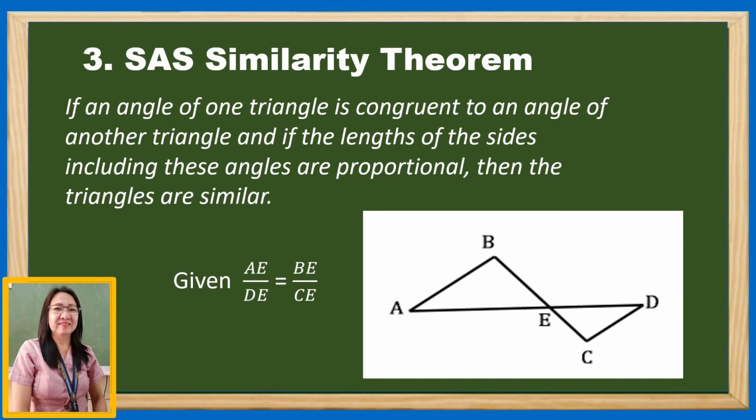So in the figure, we observe that angle AEB and angle CED are vertical angles, and we all know that vertical angles are congruent. So if corresponding sides such as AE is to DE are equal to BE is to CE, therefore, we can say that triangle AEB is similar to triangle CED by SAS Similarity Theorem.